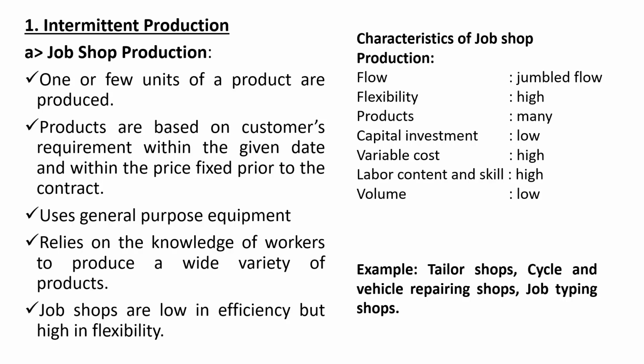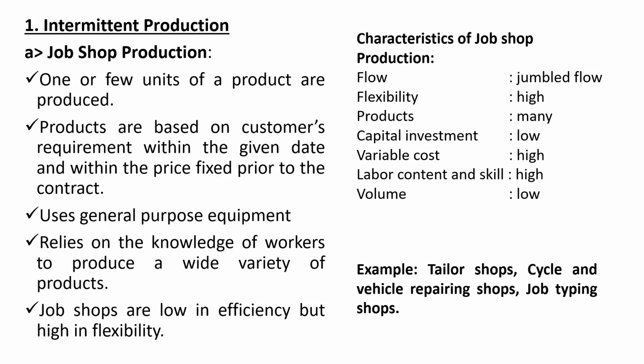This will be easier for one to understand if we take the examples. Examples of job shop production are tailoring shops, cycle and vehicle repairing shops, job typing shops. Take the example of tailoring shops. Here the items or the products are highly customized, right? And the type of equipment used are general purpose equipment.